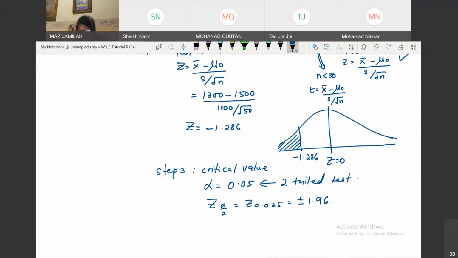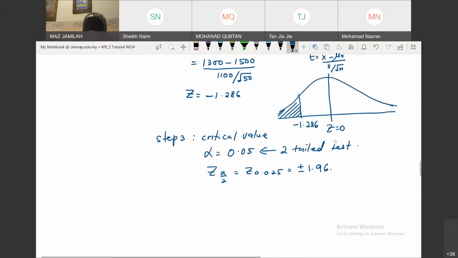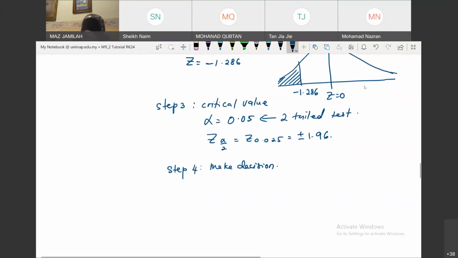Now, step 4 is to make the decision. How to make the decision? We are going to use the answers in steps 2 and 3.